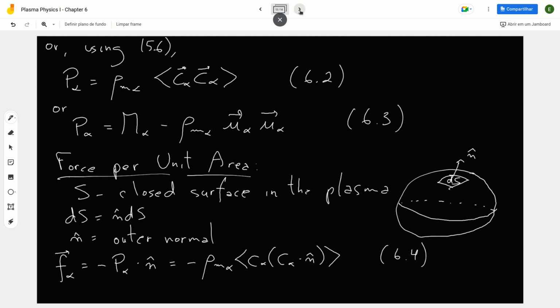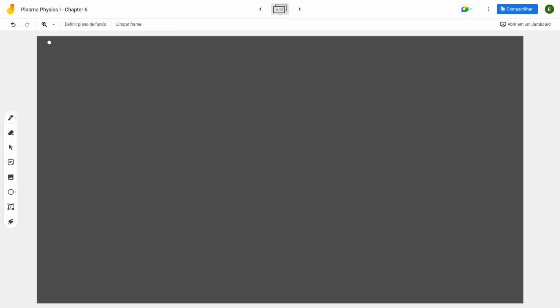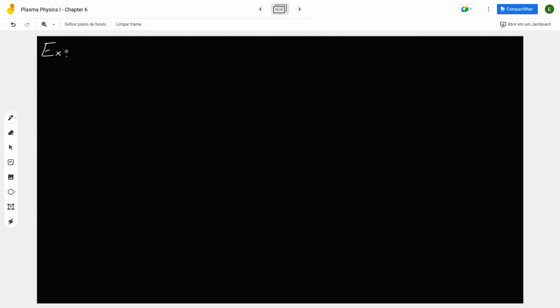Let me give you an example. So if n is equal to x, we have minus P alpha dot n, right? So this is, let me write it like this also. How do I compute this? I have the whole tensor here. P alpha xx, I'll write the full tensor.